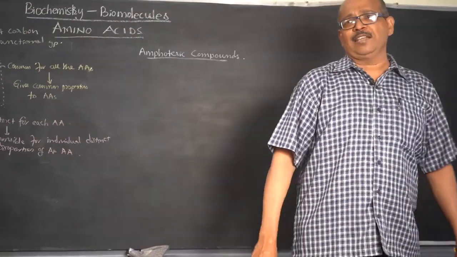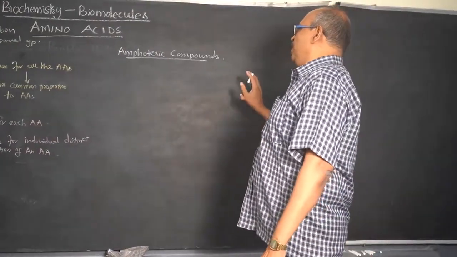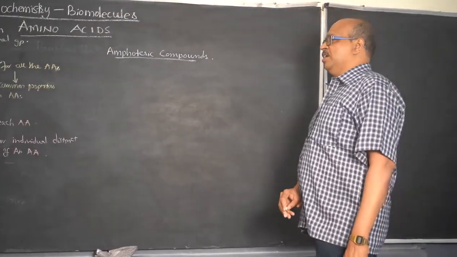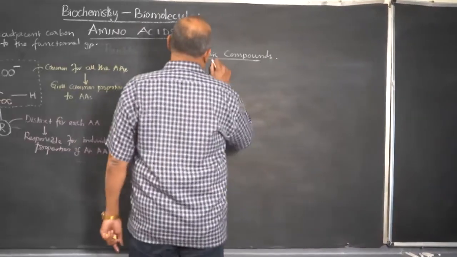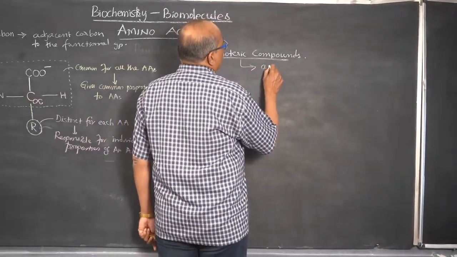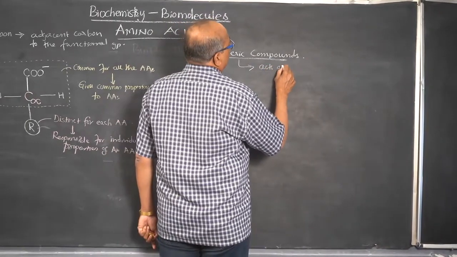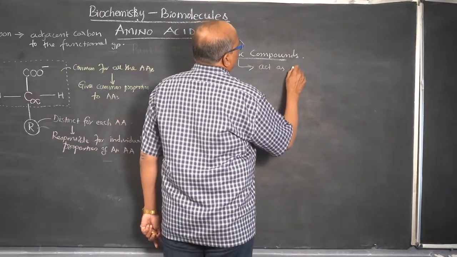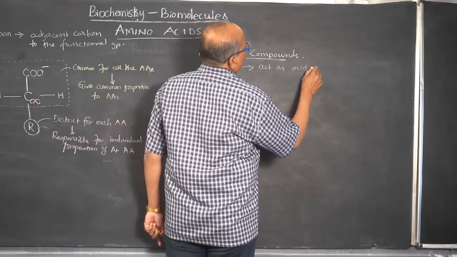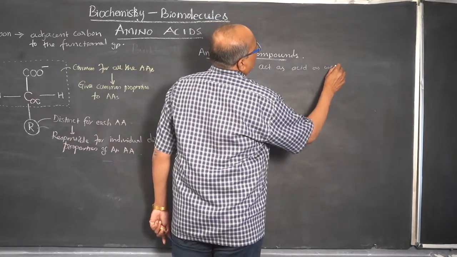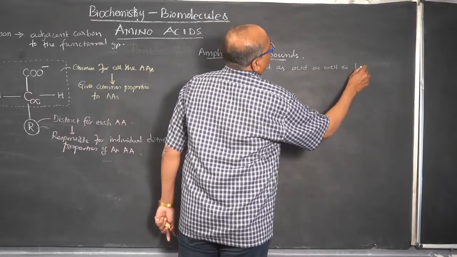Now the acidic and basic groups we can extend into an amphoteric nature. An amphoteric compound is something that acts as an acid as well as a base.